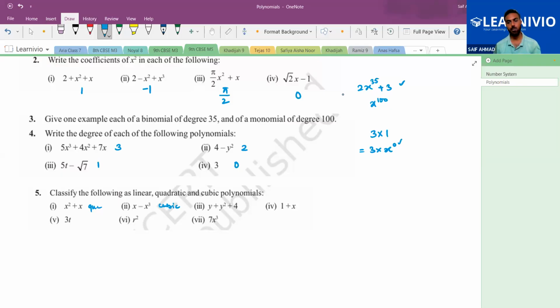Quadratic. Fourth one, Suleiman? Linear. Fifth one, Muhammad Ali? It's linear, sir, because it has only power 1. Sixth one, Lokia? Quadratic. And the seventh one, Suleiman? The answer is cubic.